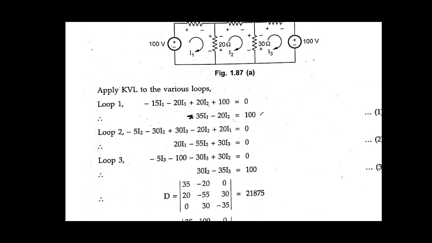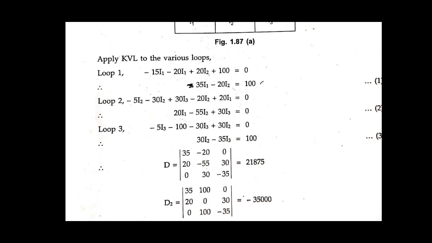By using Cramer's rule we can find I1, I2 and I3. See here, determinant D. What Cramer's rule says is, if the network is complex, the number of equations and unknowns increases. In such a case, the solution of simultaneous equations can be obtained by Cramer's rule.